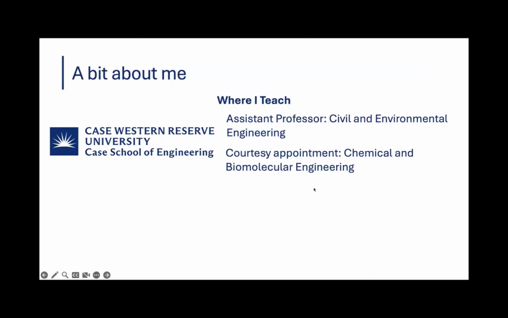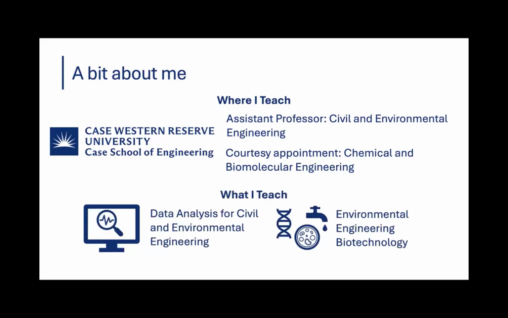Just to introduce a little bit about me, I'm an assistant professor at Case Western Reserve University. I have my primary appointment in civil and environmental engineering, and I also have a courtesy appointment in chemical and biomolecular engineering. Currently I'm teaching two grad and undergrad cross-listed courses. One is a data analysis class specifically for civil and environmental engineering students, and the second is an environmental engineering biotechnology course.